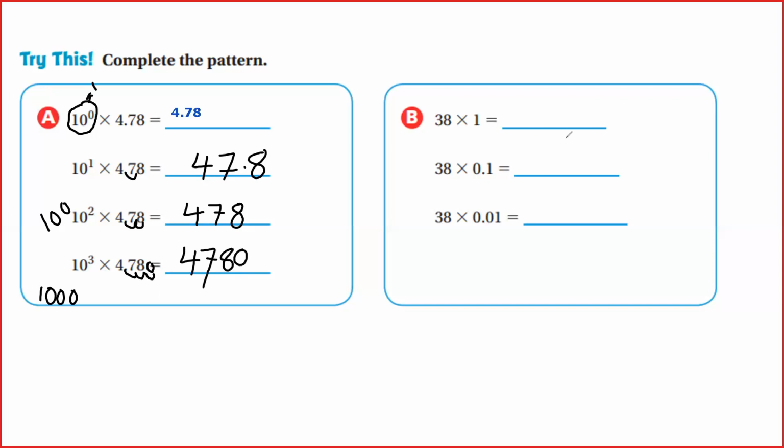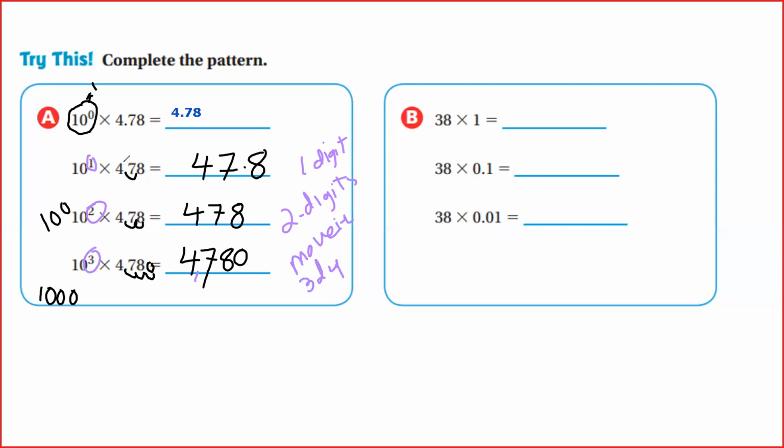So now here, what can we conclude? As you see, if the power is 0, it means don't do anything. If the power is 1, move it only 1 digit. If the power is 2, move it 2 digits. And if the power is 3, move it how many digits?